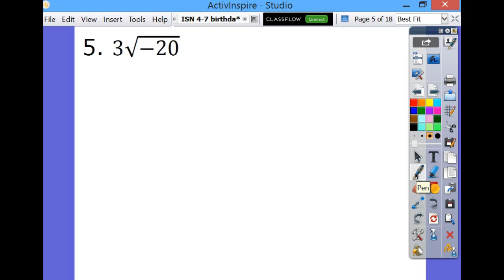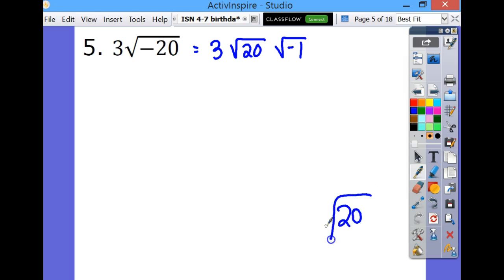So the next one we're gonna skip 4 and look at 5. Just like when we did this before, if there's a number out in front, we're going to leave it out in front. We're going to come back to it later. So this would be the 3 out in front, and that would be equal to the square root of 20 times the square root of negative 1. 20 is not a perfect square number, so I come down here and do the birthday cake. 2 will go into 20. 2 will go into 10.